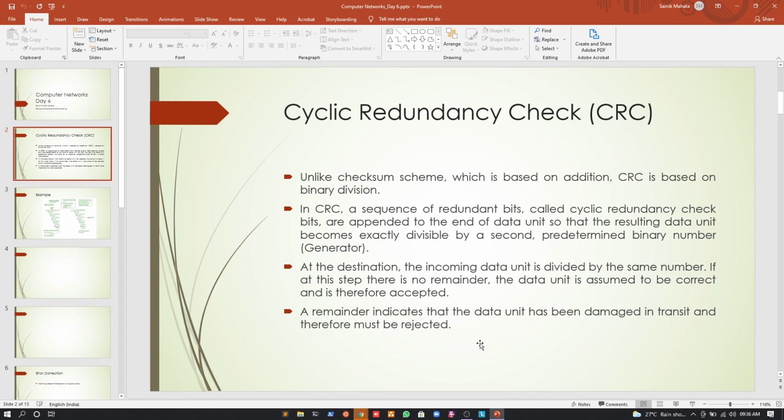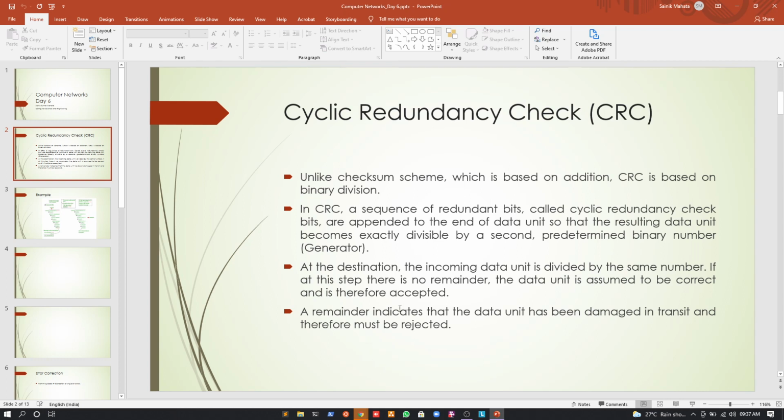And at the destination, the incoming data unit is divided by the same number. So, again, a generator will divide the data at the sender side, and the same generator will be given to the receiver, and the receiver will divide the incoming message with the same generator that was used by the sender. Okay. So, again we will see this in the example.